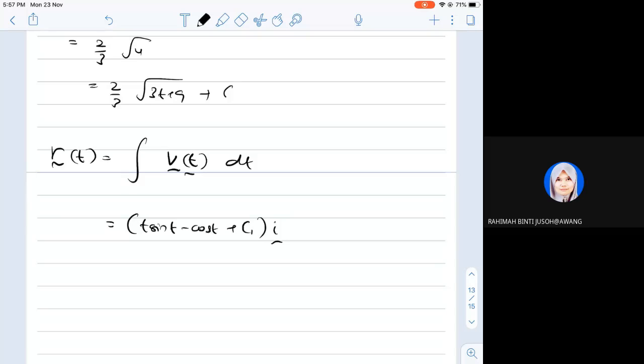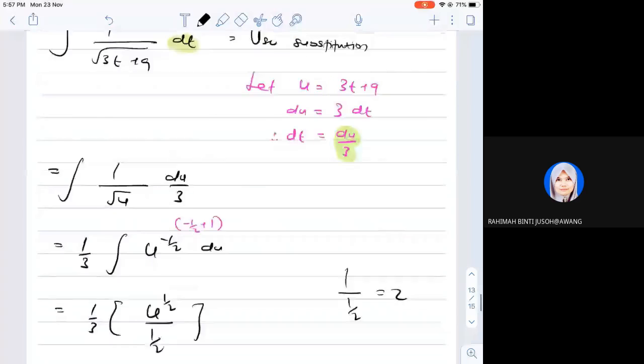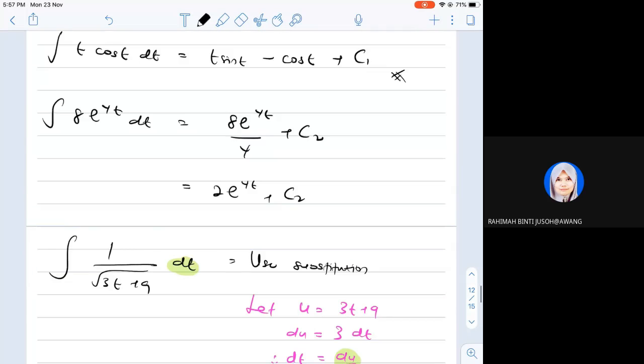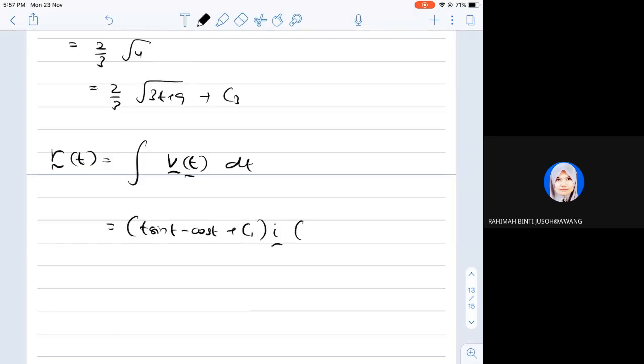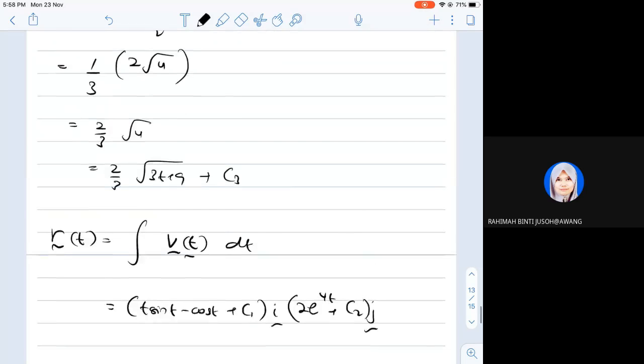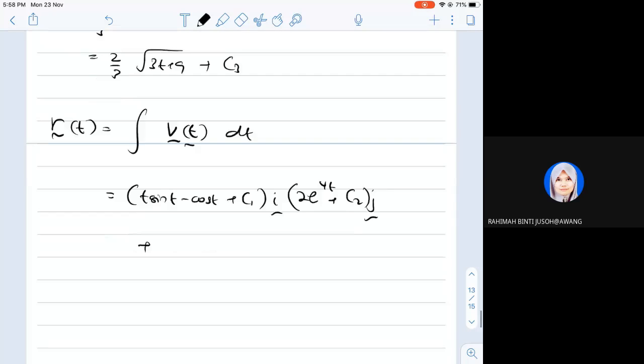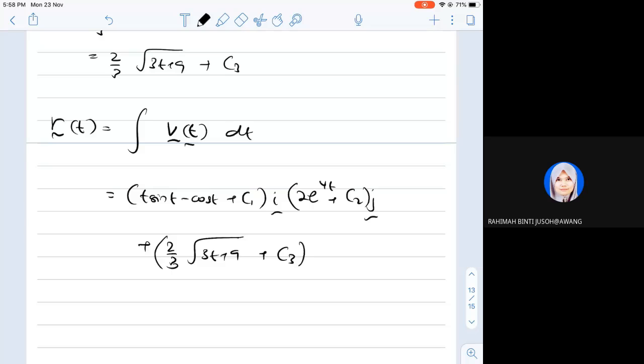For the j component, 2 exponent 4t plus C2 j. And for the third component, 2 over 3 square root of 3t plus 9 plus C3 k. Now, this is your r(t).